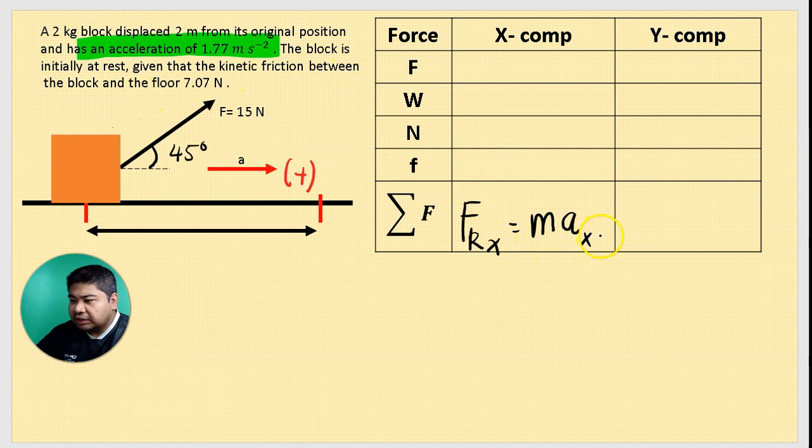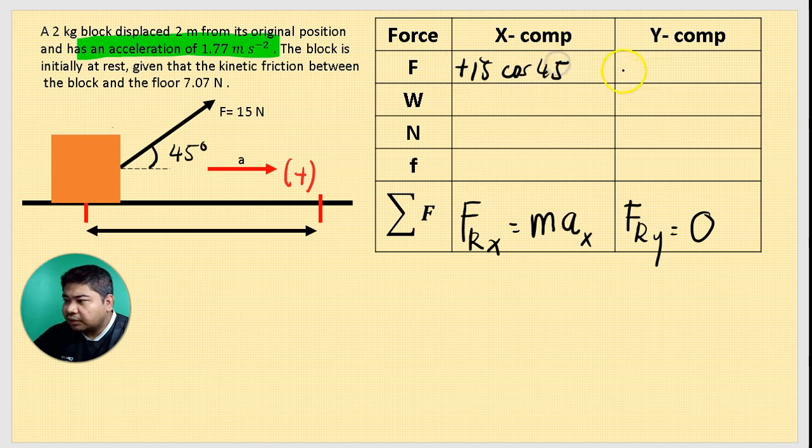I'm going to quickly calculate the normal force. Because we do not have any acceleration in the y-axis, the resultant force in y is going to equal 0. I'm not going to draw the free body diagram again, so I think you can work it out yourself. If we resolve the force vector, the x component is 15 cos 45, and the y component is positive 15 sin 45.